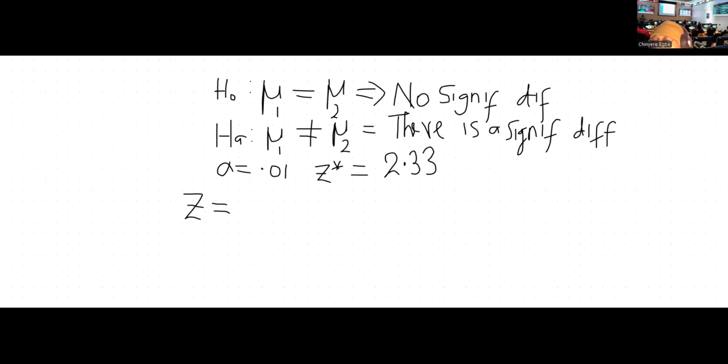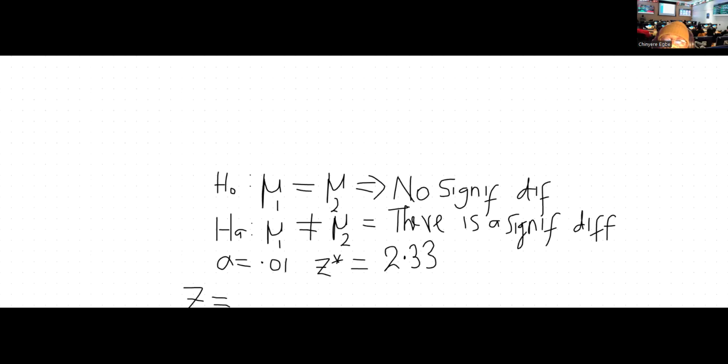Okay? Which is to say that the null hypothesis actually is that mu1 minus mu2 is equal to 0. If the two are equal, then when you subtract one from the other, you get a 0.